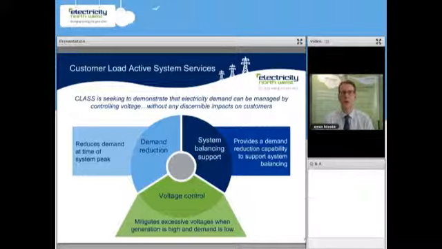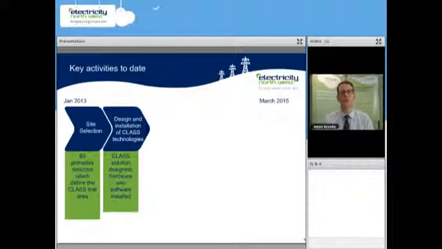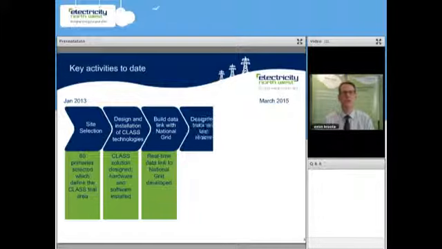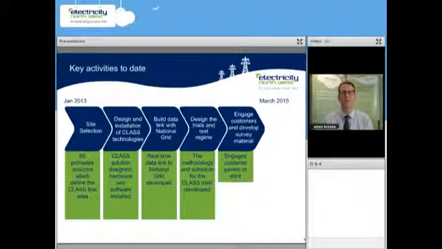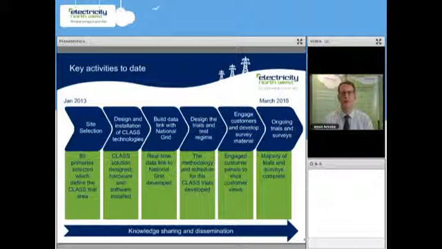So just let me recap on where we are up to date with the project. We started the project in January 2013. The first thing we did was do all the site selections for all the substations that we were going to involve in the class trials, and there were 60 primaries. We then installed all the hardware in those substations, and we delivered the ICCP link between ourselves and National Grid, which effectively formed the first real-time data link between National Grid and any other DNO to be able to send data and commands across.